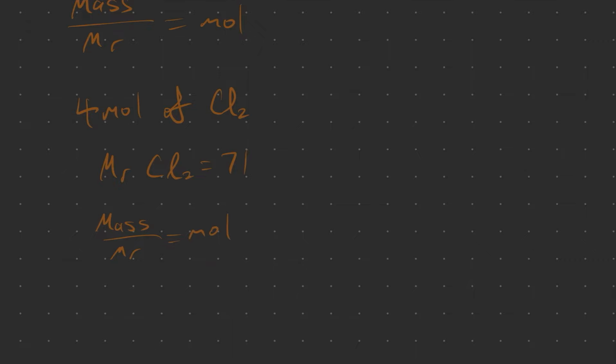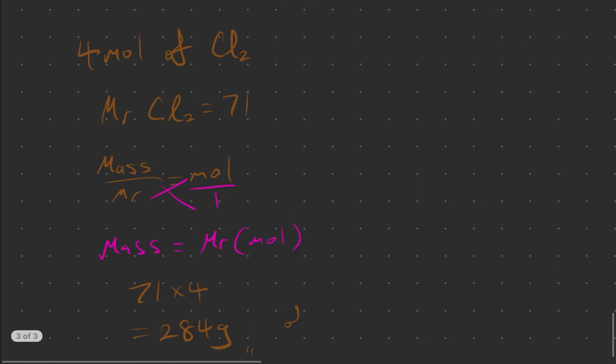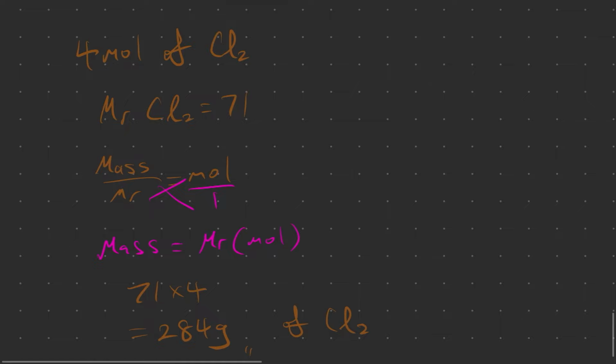But technically, if you use a bit of math here, you can cross multiply. So your mass will equal your MR times your mole. Since we have 4 moles and we know the MR of chlorine gas is 71, 71 times 4 equals 284 grams. We have 284 grams of chlorine gas. Yay.